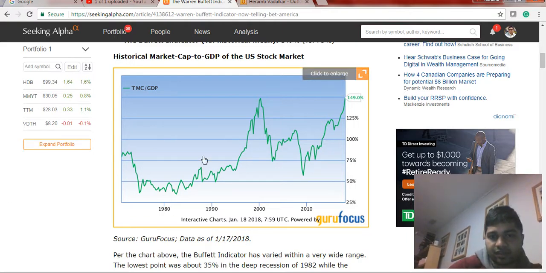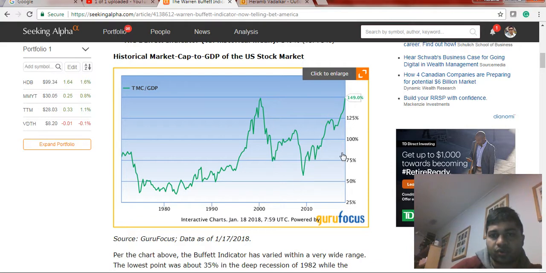So if you see US data, US market cap to GDP ratio, it has a range from around 149% to as low as, let's say, around 33%, right? So when this ratio is too high, somewhere above 149, you try to remove the allocation to markets, meaning equity, and go into safe assets.